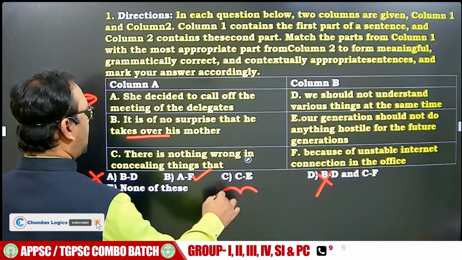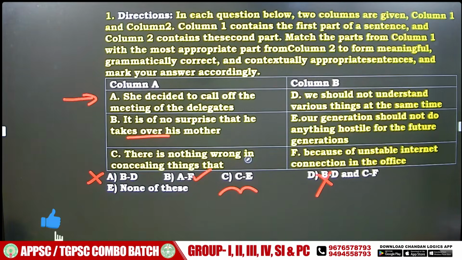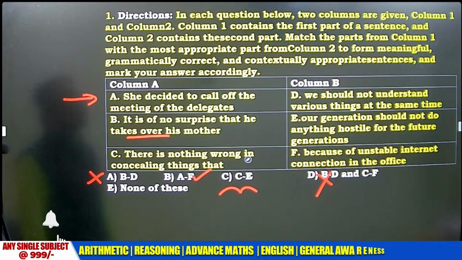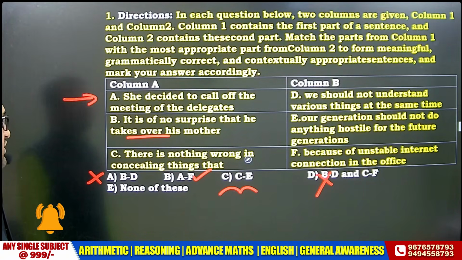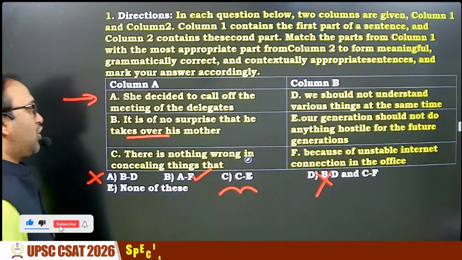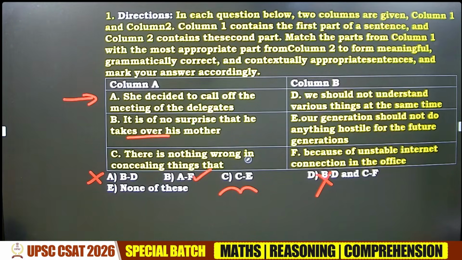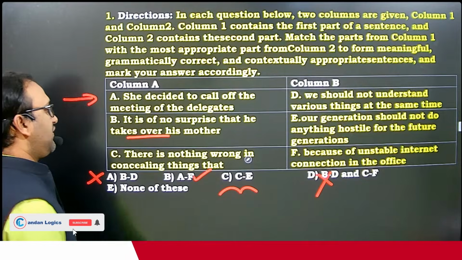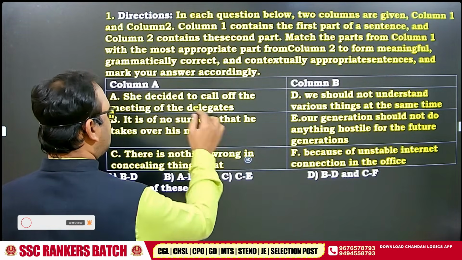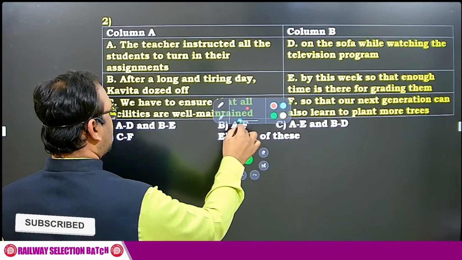Maybe you will have a little doubt about this one. There is nothing wrong in concealing things, that our generations should not do anything hostile for the future generations. You read this combination 5 times also, you will not understand it because you cannot read in that way. They don't match. When they don't match, reading 5 times also doesn't work. So the answer is AF. Easy question. Can you try the second question, guys?